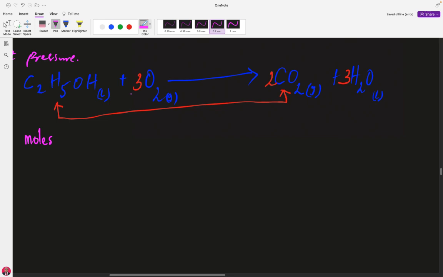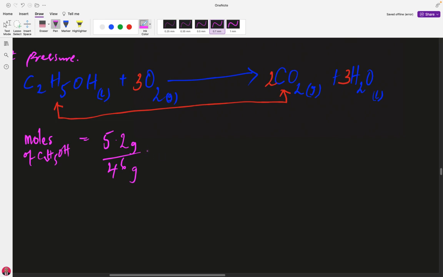The number of moles of C2H5OH burnt will be 5.2 gram over 46 gram, times 1 mole of ethanol over 1.